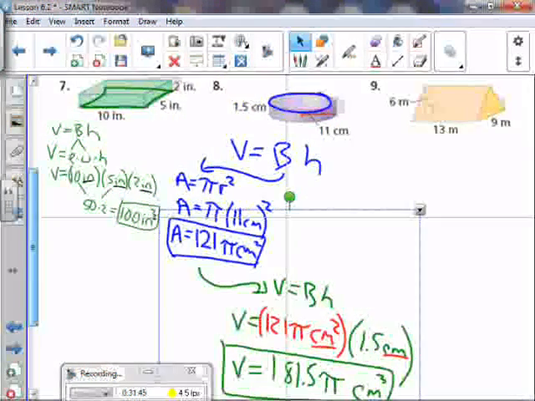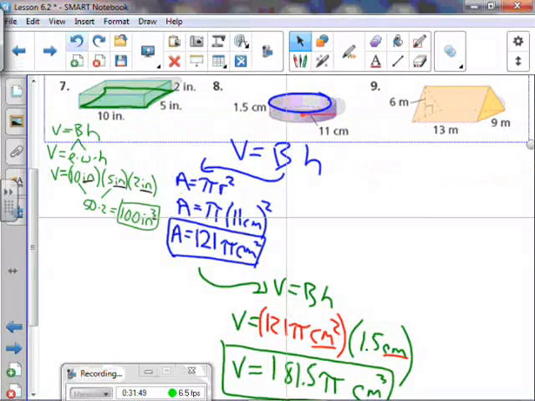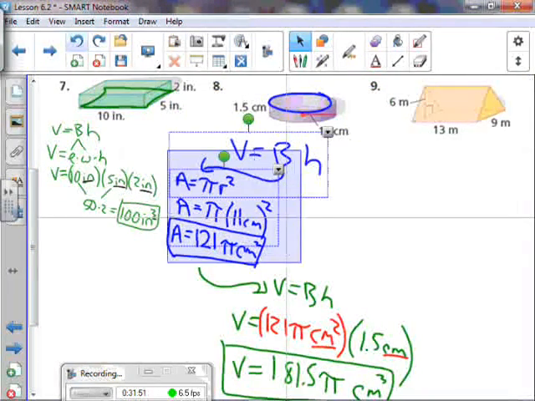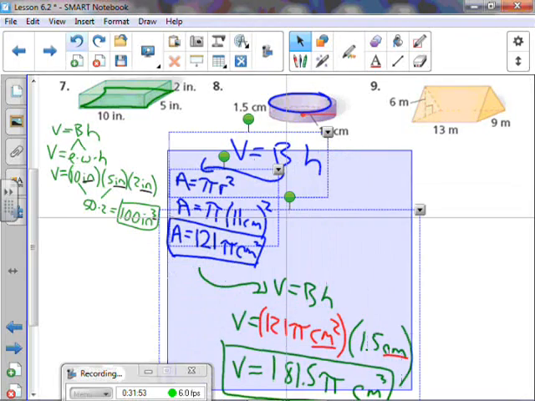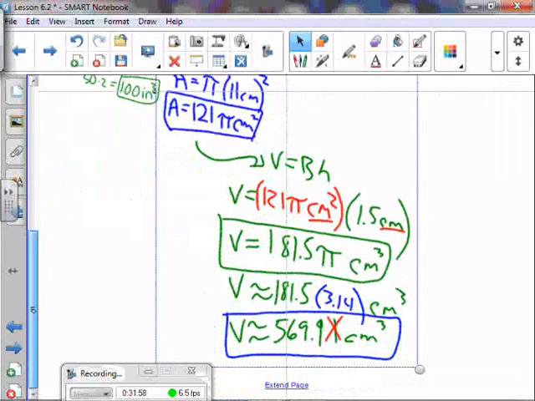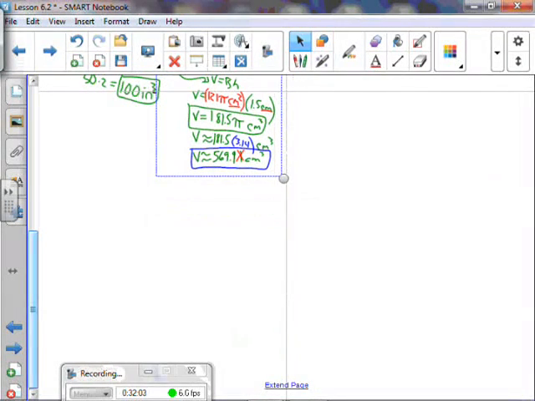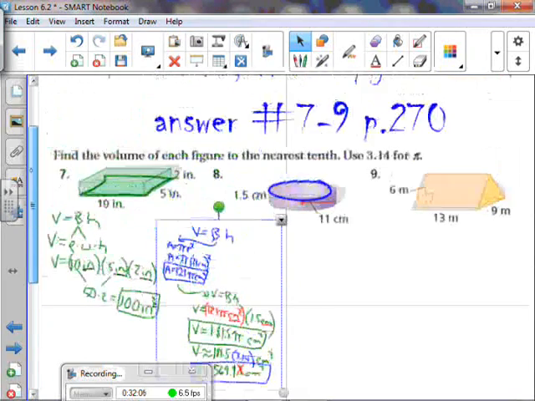Okay? Now I'm going to group the rest of it together, and I'm going to shrink it all down so that we have room to work on our third question.